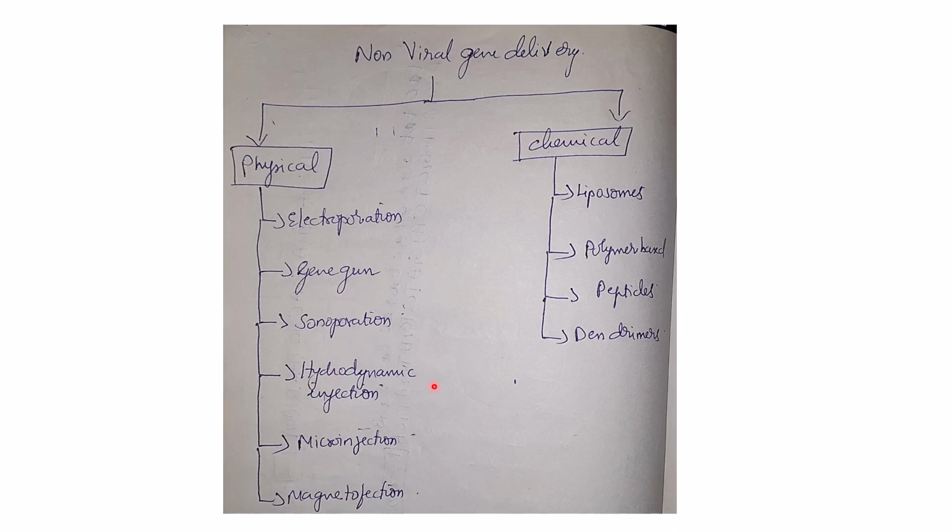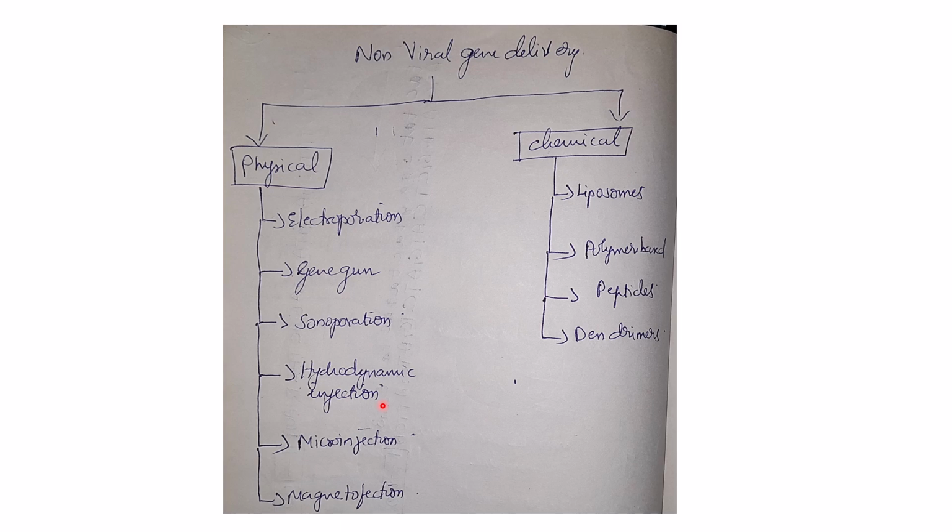Then there is hydrodynamic injection. In this method you use a large volume of solution containing your DNA or RNA or any genetic material which has to be injected into the cell, and this is rapidly injected into the blood vessel.